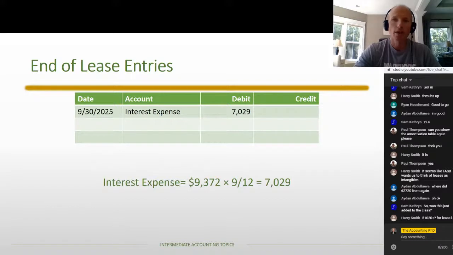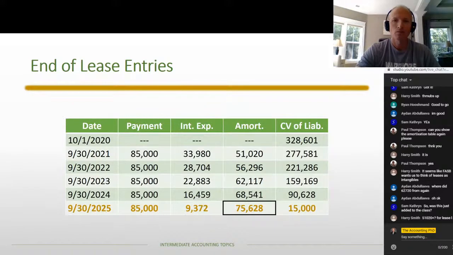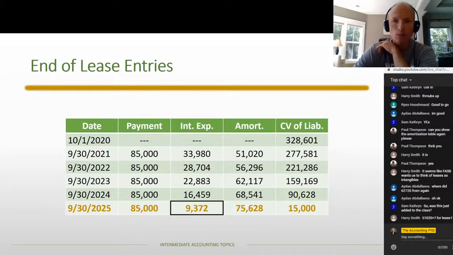This is where you really have to use your imagination on the next one. So we have to also now think about what's going on with the lease liability. The amortization on 9/30/2025 is that $75,628, so that's part of it. But we also have to understand that we had partially accrued the interest expense to the lease liability account. In fact, we had accrued 3 months of that interest expense to the lease liability account.